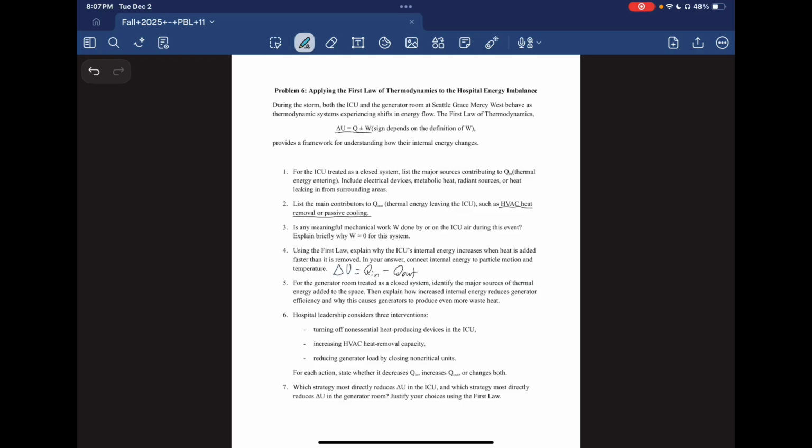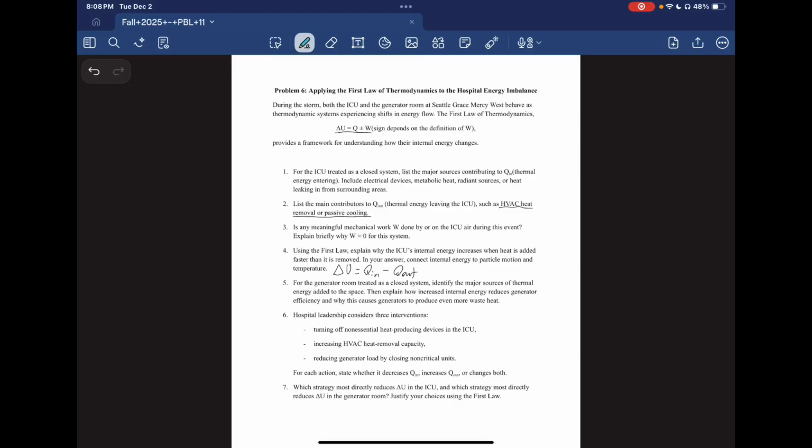So since Q in is bigger than Q out, basically there's more energy coming into the system than there's energy coming out of the system. And connecting internal energy to particle motion and temperature, well, the internal energy is going to cause particles to move faster and temperature to rise because of that.